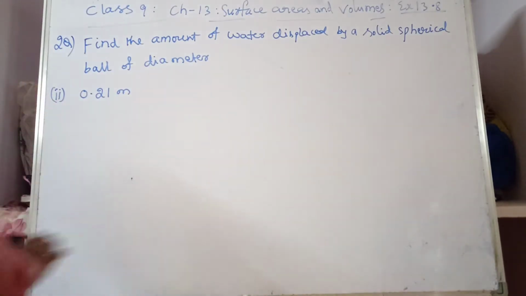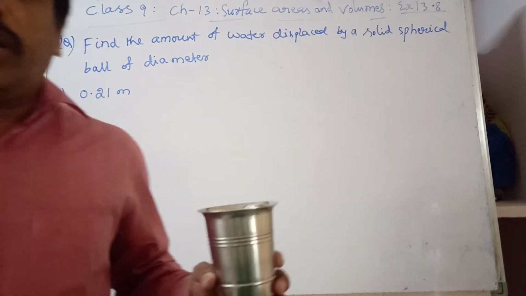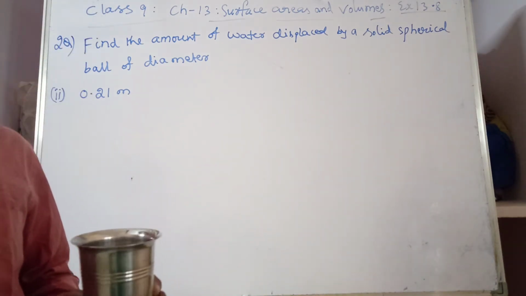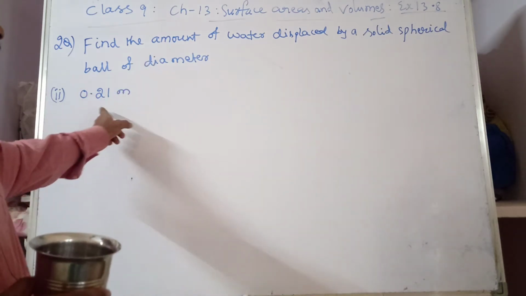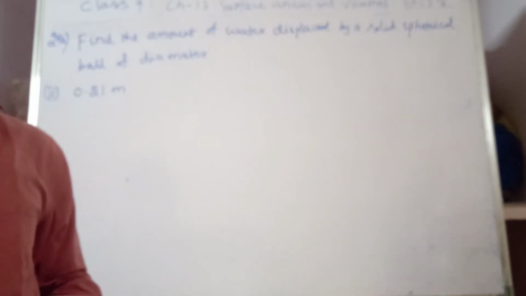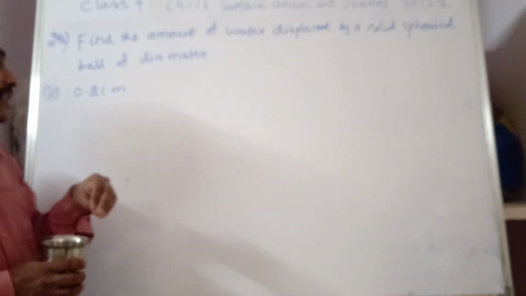Suppose you take a ball and this is a glass of water. If you drop a spherical ball with a diameter of 0.21 meter inside it, what is the water displaced by this solid spherical ball?